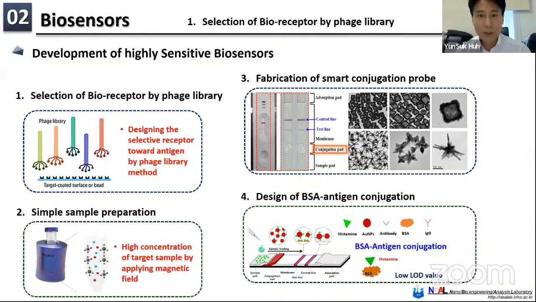So third, we have to immobilize and functionalize bioreceptor material onto the conjugation probe. So how can we design a smart conjugation probe material? That is why we synthesize functional nanoparticles.